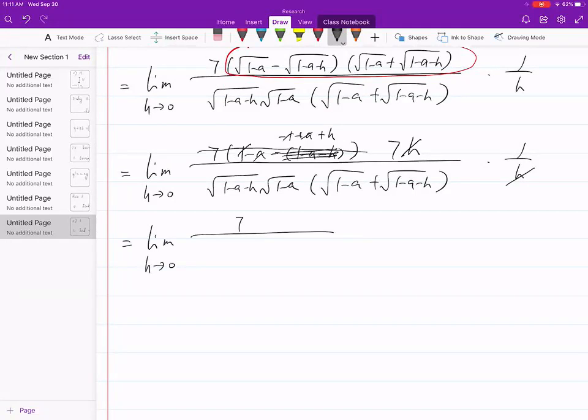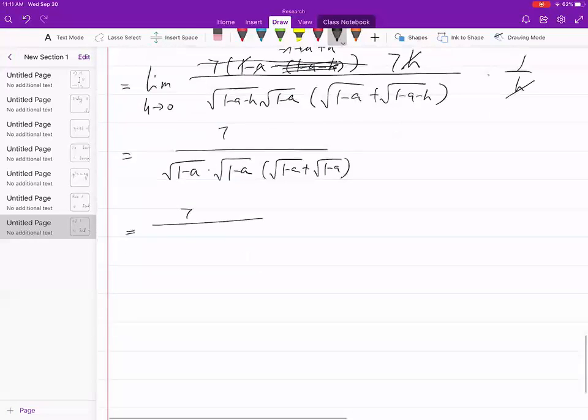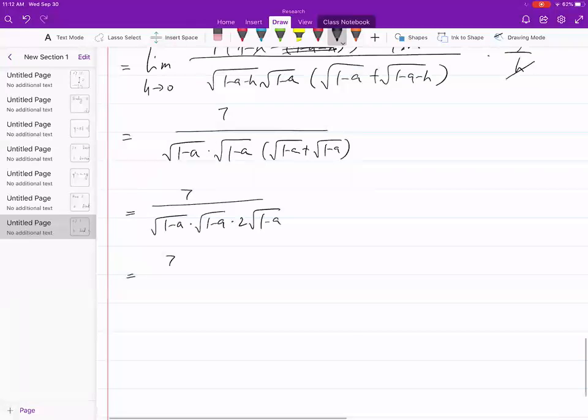Okay. Now, good news. Good news is you can let h go to 0 now because there's nothing stopping you from doing that. So this is going to be square root of 1 minus a times square root of 1 minus a plus square root of 1 minus a, which is 7, times 2 square root of 1 minus a, which is 7 over 2 square root of 1 minus a cubed.